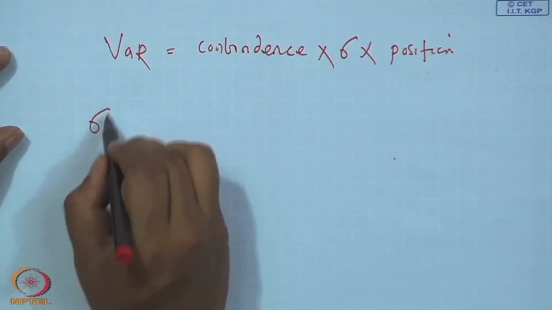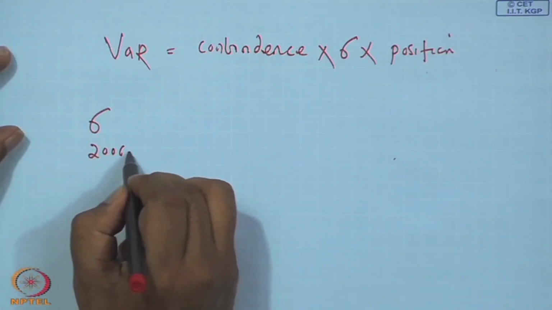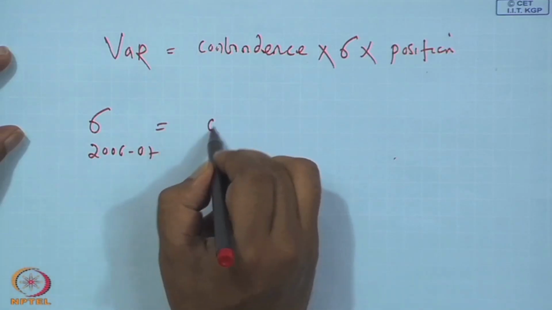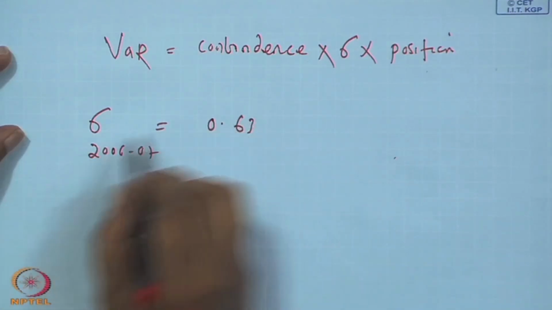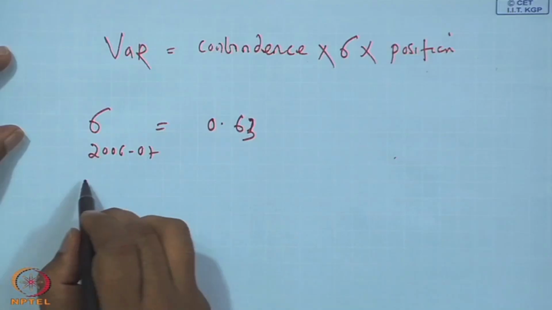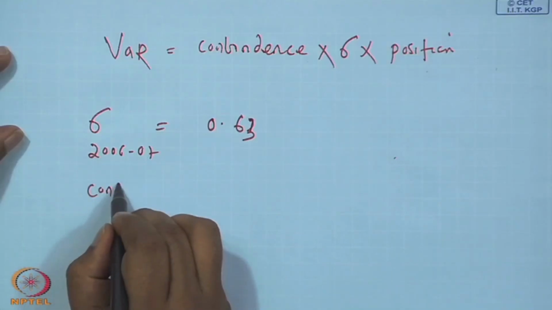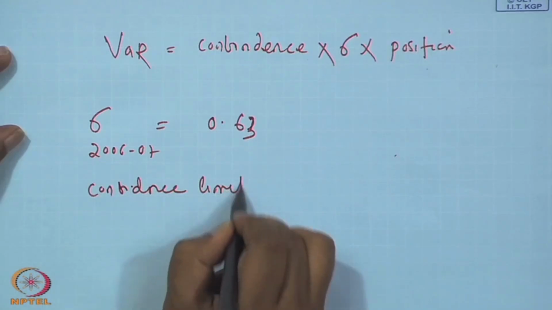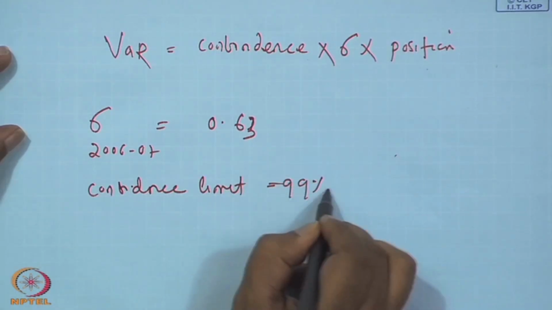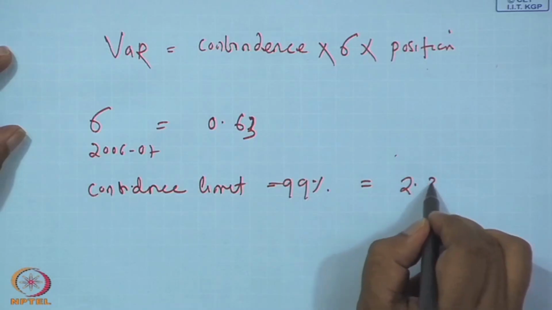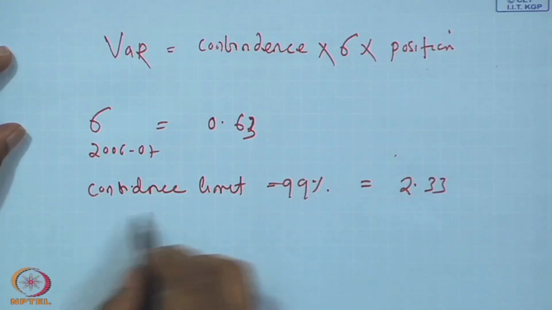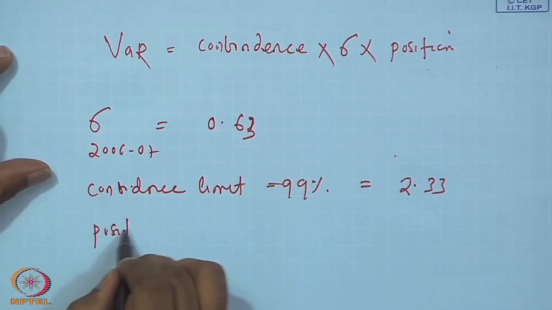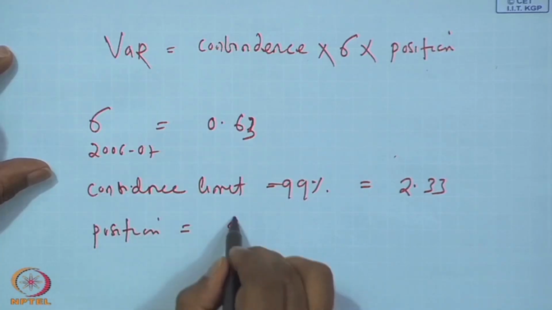So in 2006-7 the volatility is 0.63, the 99% confidence limit value is around 2.33, and my position in the market is $10 million.